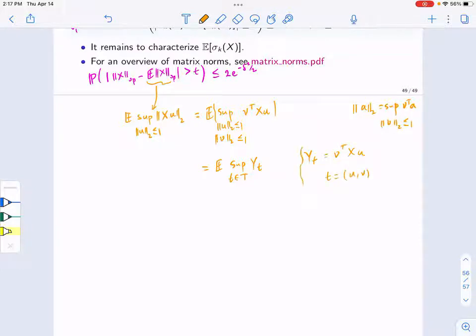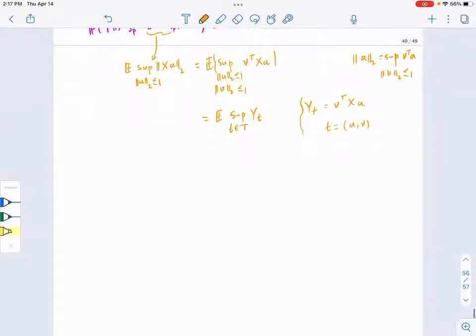So it's a process indexed by two vectors. The technique for bounding the expectation of this is like a maximal inequality for a process, as I mentioned. There are results that we can use, in particular the Gaussian comparison inequalities.